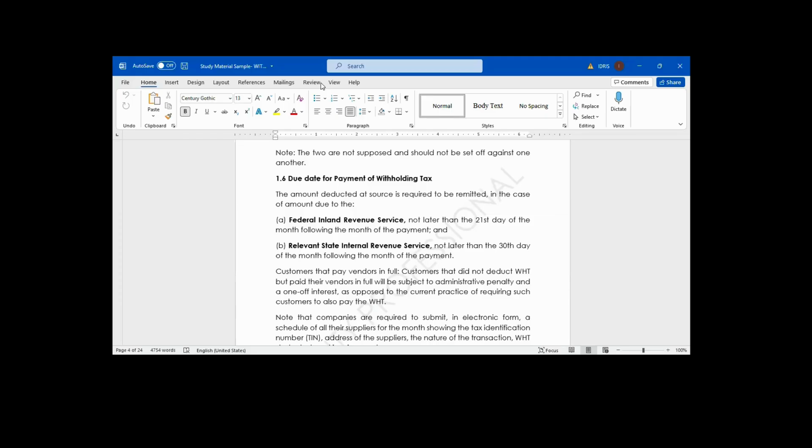But if the income is received by an individual, the withholding tax will be remitted to the State Internal Revenue Service, not later than the 30th day of the following month of the transaction, or of the payment for the transaction. So for a company, 21st day of the following month, while for an individual, 30th day of the following month.